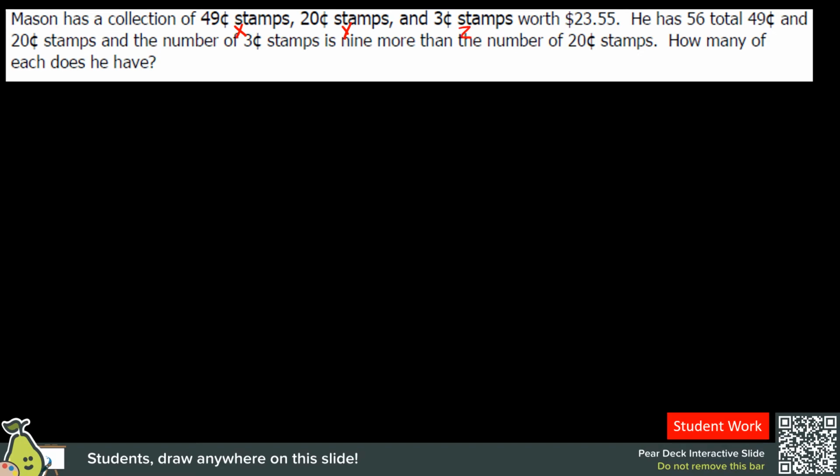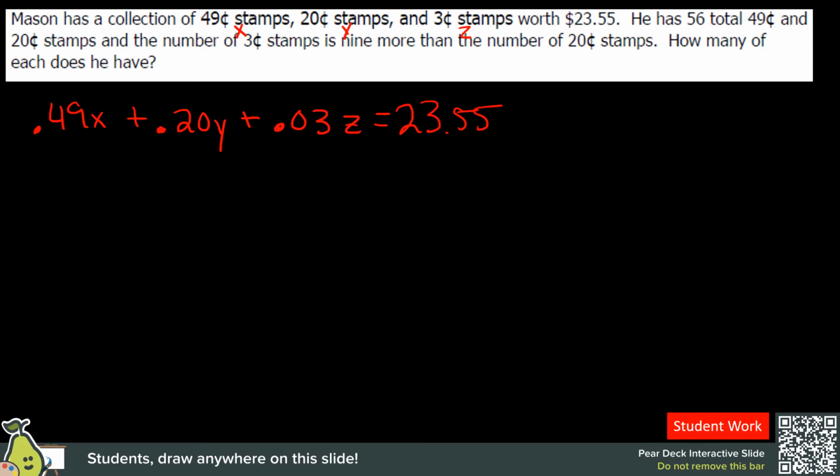Okay, so our first equation would be if he has 0.49x plus 0.20y plus 0.03z, this has to equal 23.55. This is our first equation. I am helping you guys out with this because this is a little bit of a wordy thing.